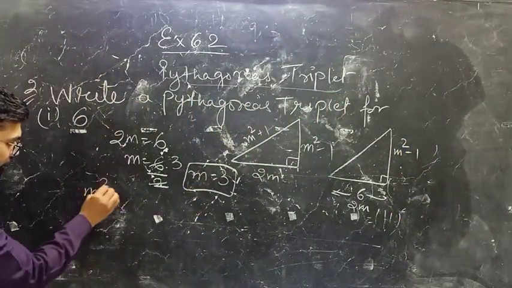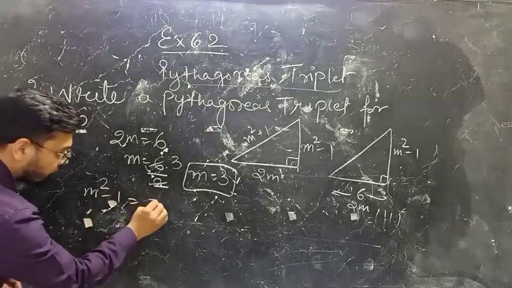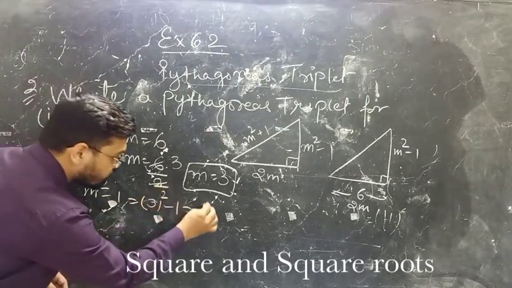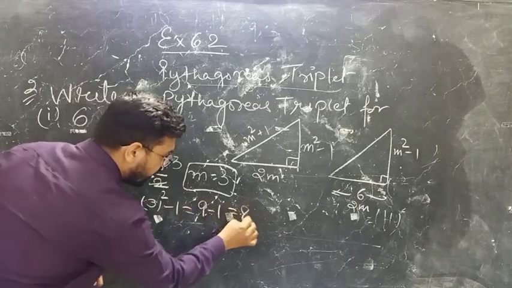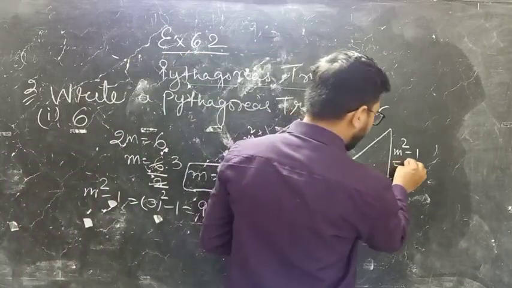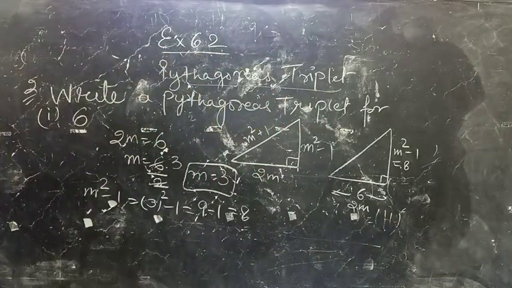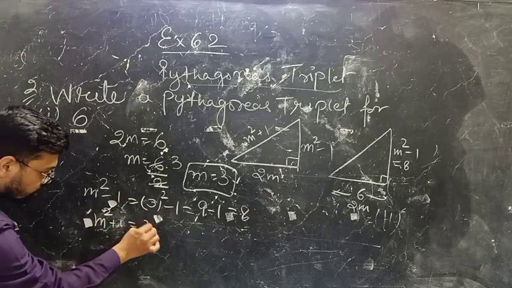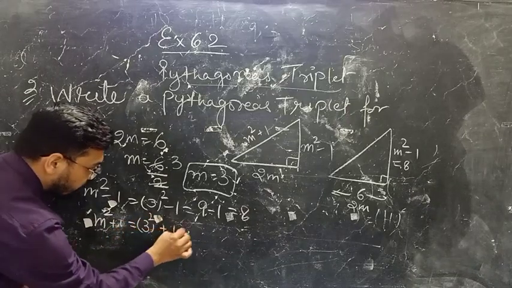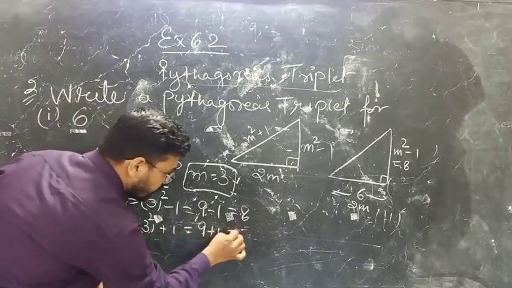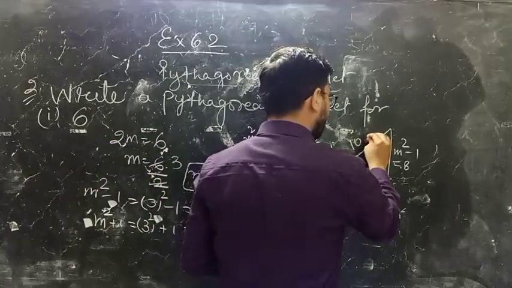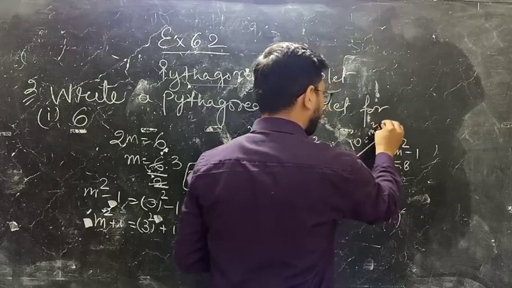So m square minus 1 is equal to 3 square minus 1. 3 3s are 9, minus 1, which is equal to 8. That means this side is equal to 8. Then the third side is m square plus 1. So 3 square plus 1, 9 plus 1 is equal to 10. That means the hypotenuse is equal to 10, and this is nothing but m square plus 1.